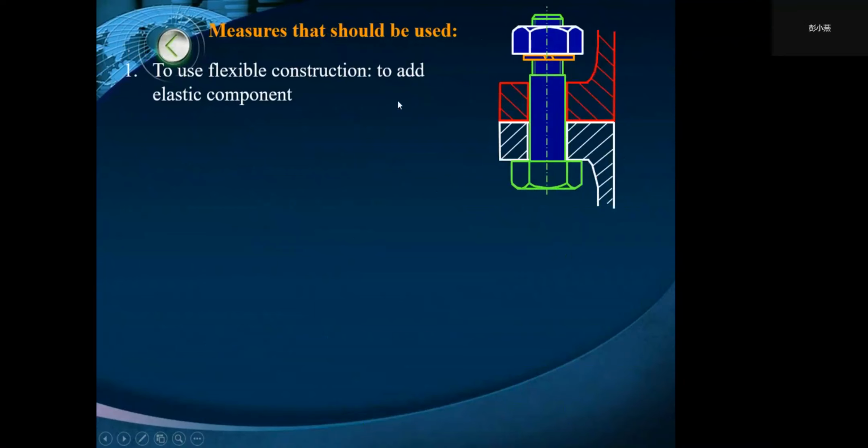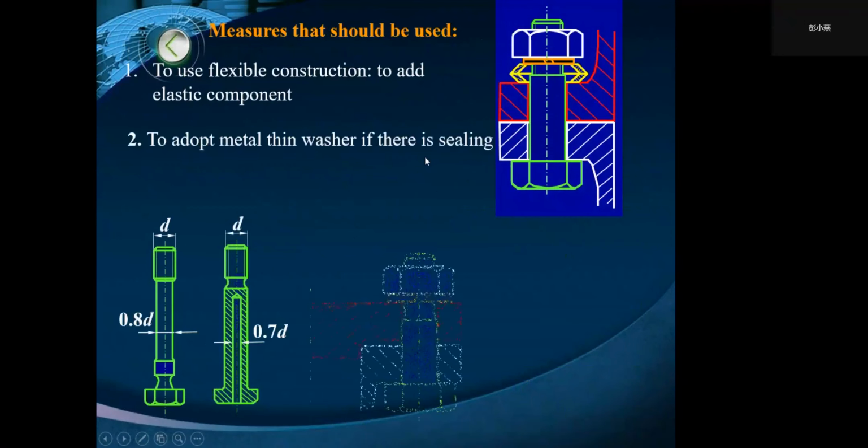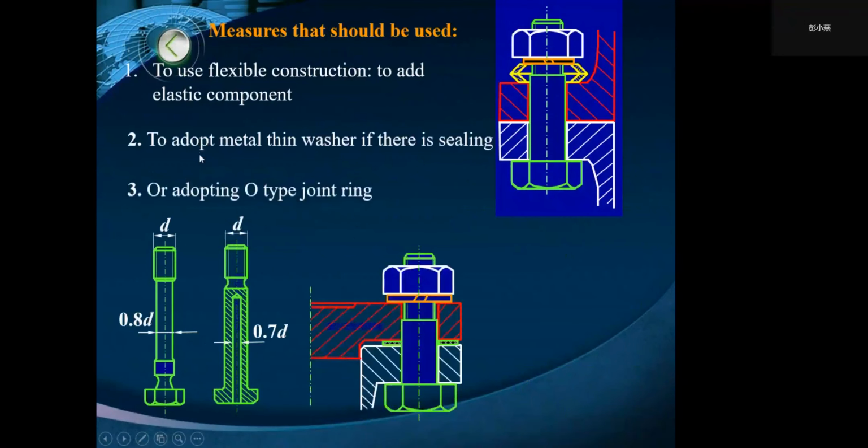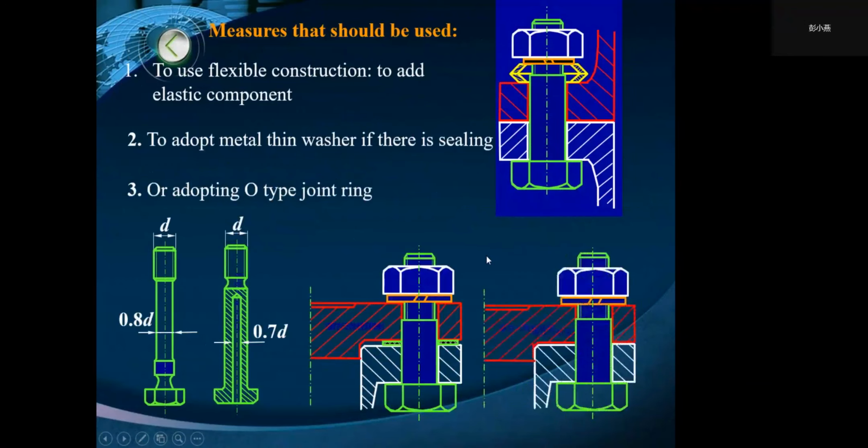We have to use flexible construction, for example, to add elastic components, and to adopt metal thin washer if there is any, or adopting O-type joint ring.